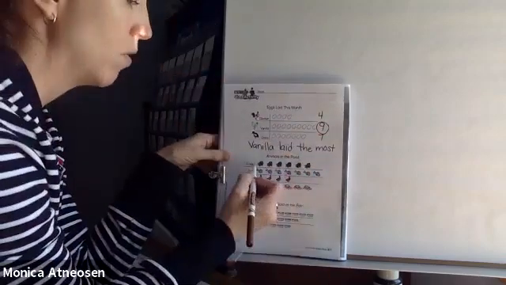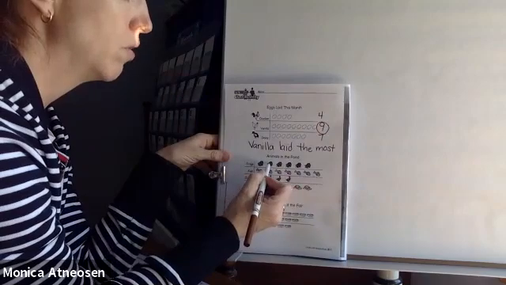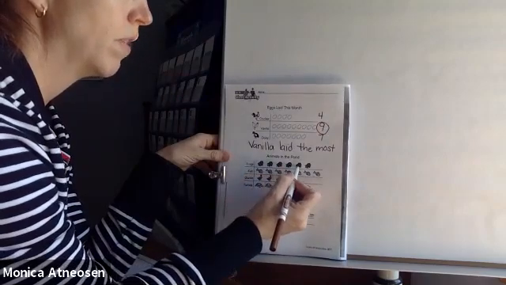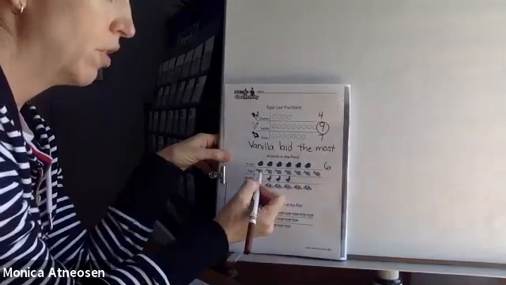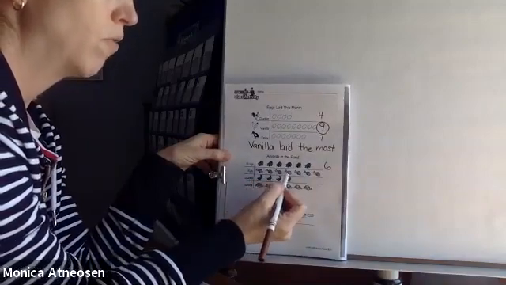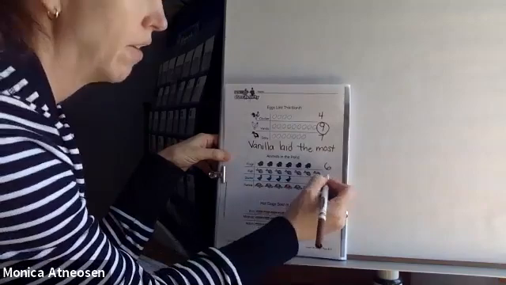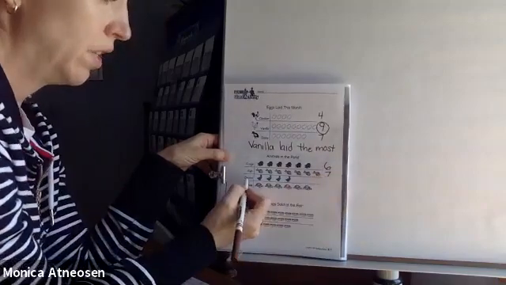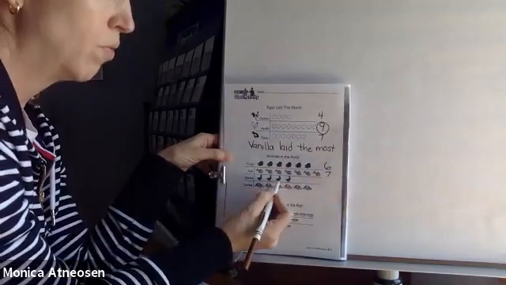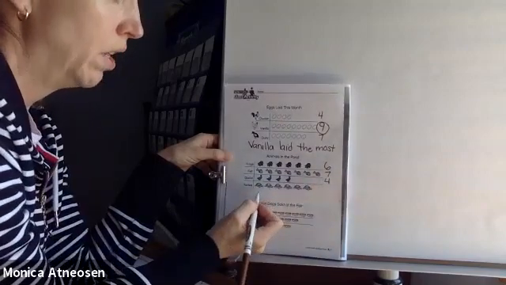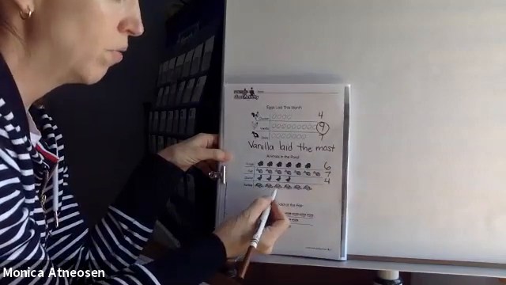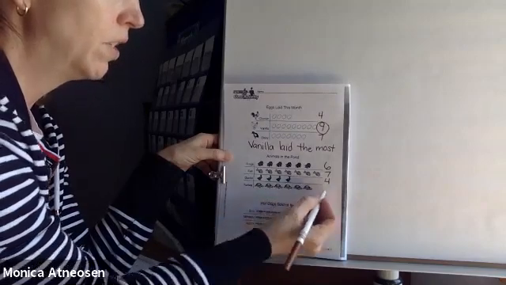So I'm going to go ahead and count. Frogs, there are 1, 2, 3, 4, 5, 6. 6 frogs. Fish, 1, 2, 3, 4, 5, 6, 7. Ducks, 1, 2, 3, 4 only. And turtles, 1, 2, 3, 4, 5, 6.